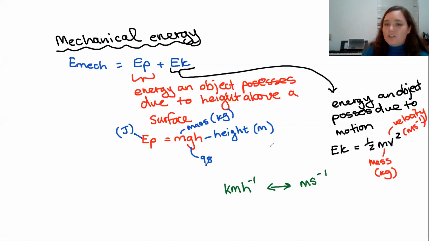To go from meters per second to kilometers per hour you times by 3.6, and from kilometers per hour to meters per second, you divide by 3.6. Just the number 3.6.